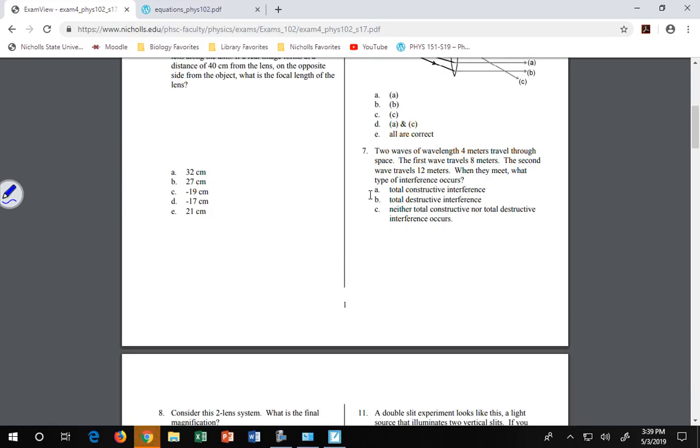I have 2 waves of wavelength 4 meters. The first wave travels 8 meters, and the second wave travels 12 meters. When they meet, what type of interference occurs? Well, the path length difference here is 12 minus 8, which is 4 meters. So the path length difference in terms of wavelengths is equal to 1 wavelength.